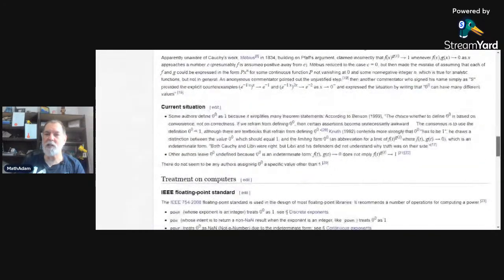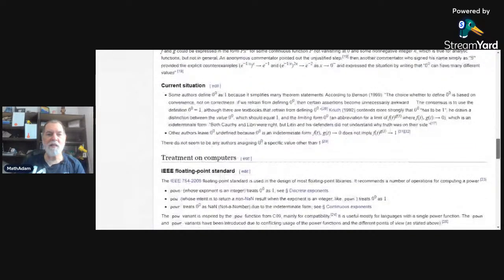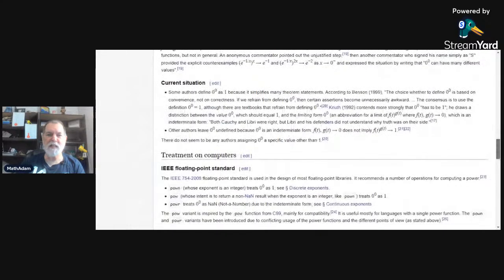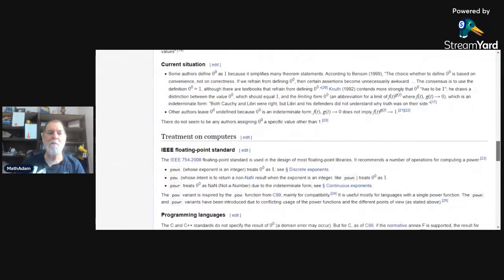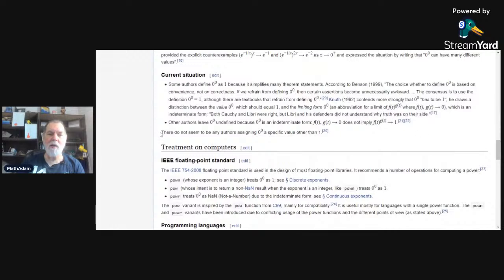Knuth argues this, and Cauchy says that. There do not appear to be any authors assigning a value other than 1 when they describe a specific value, but other authors leave 0 to the power of 0 undefined because it's an indeterminate form.